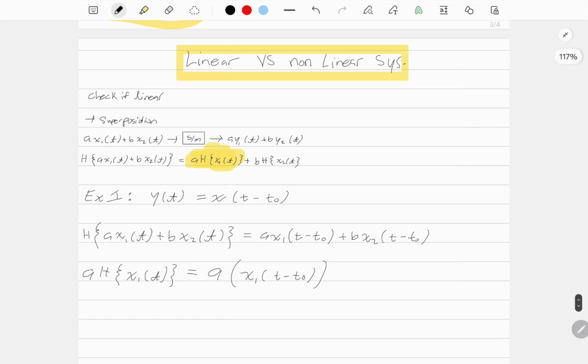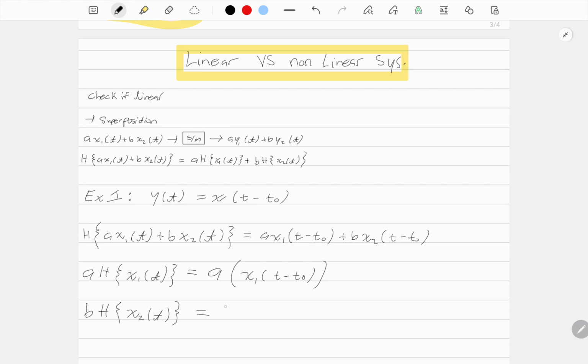And now we'll do the other term, b of h of x2 of t. I'm not good at writing this quickly, but it's supposed to be something like that.